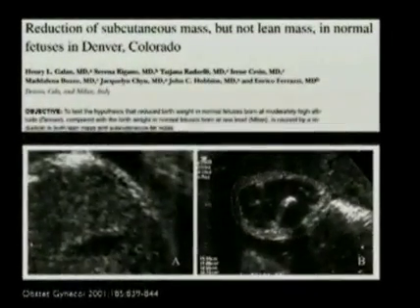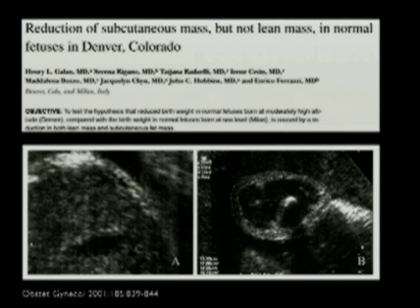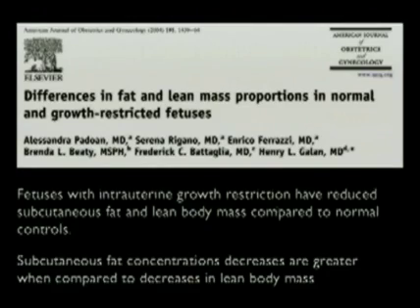Well, one of the studies from Colorado demonstrated reduction of subcutaneous mass, but not lean mass, in normal fetuses in Denver, Colorado. And they were measuring the subcutaneous fat shown by ultrasound around the fetal abdomen, as well as tracing out the fetal fat versus the lean muscle mass in the fetal limb. It's sort of a tedious process, but it was kind of an interesting study.